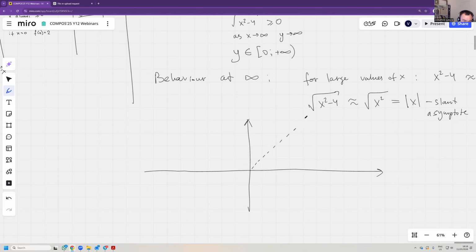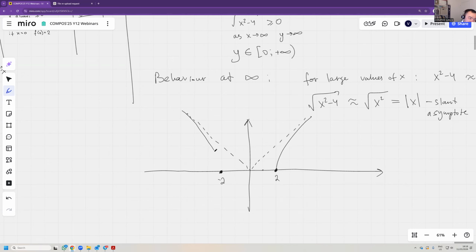So you draw the modulus function, and you say, well, if this is 2 and this is -2, we know that the values are (2, 0) and (-2, 0), and then the function is increasing. So it's like this.